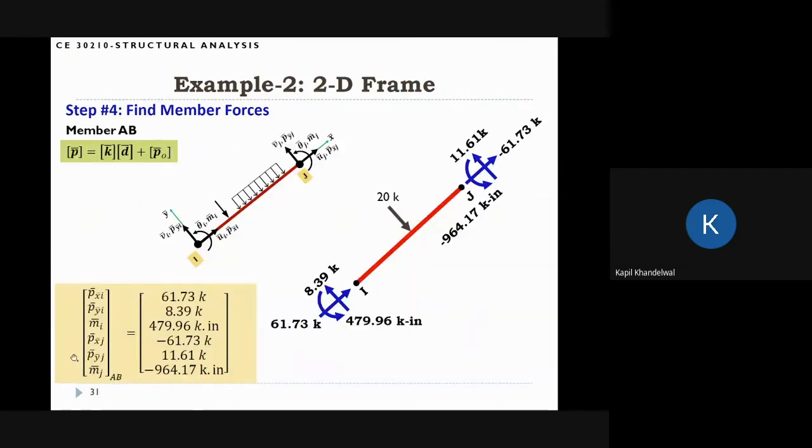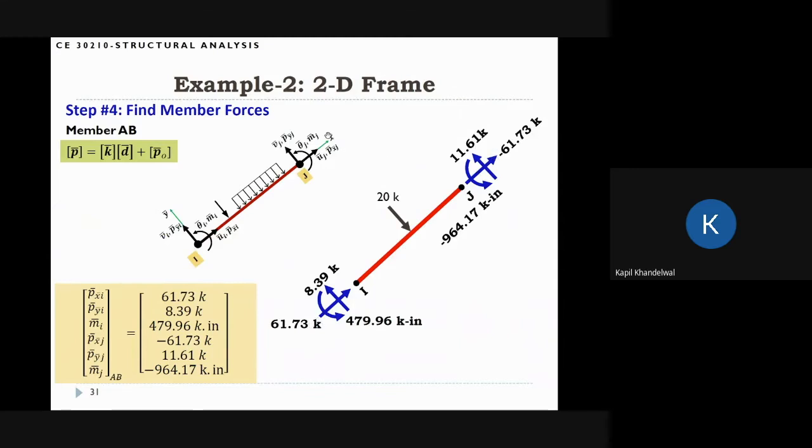So if we get the member forces, this is what they look like for this member. And if I try to draw these member forces, you can see that I'm again using this graphics here to show you where the local x's are. So Pxi is 61.73.